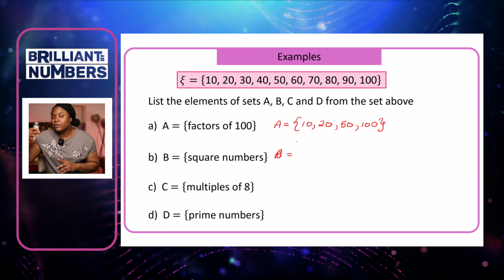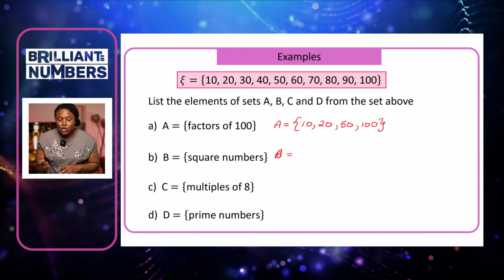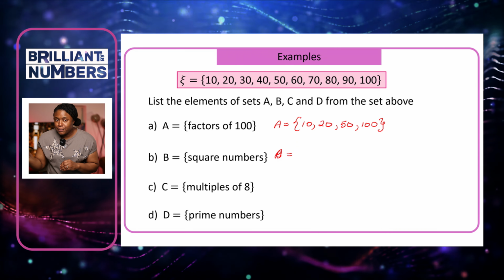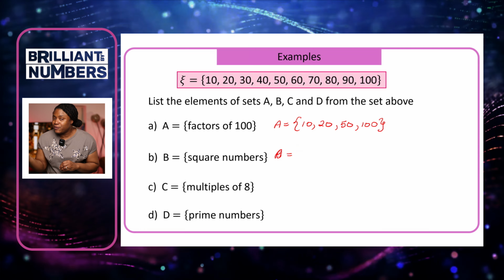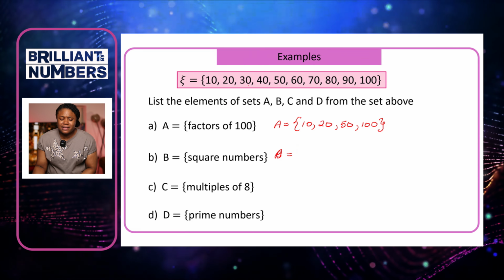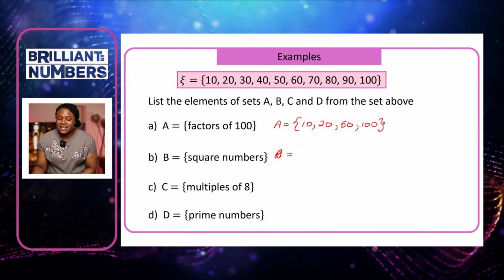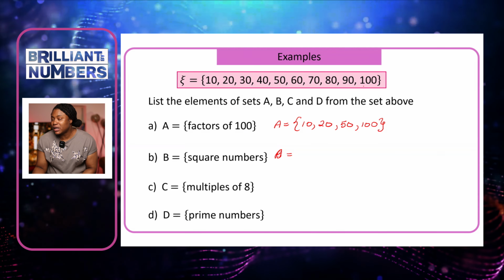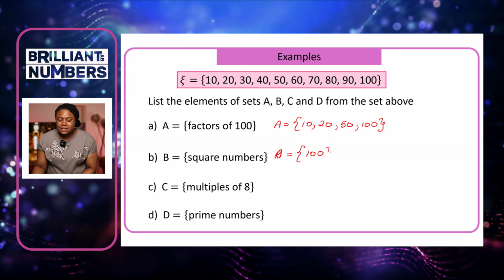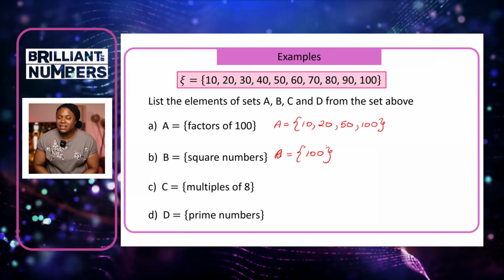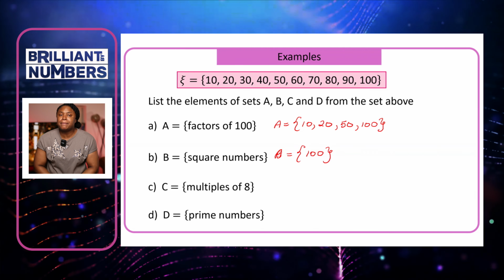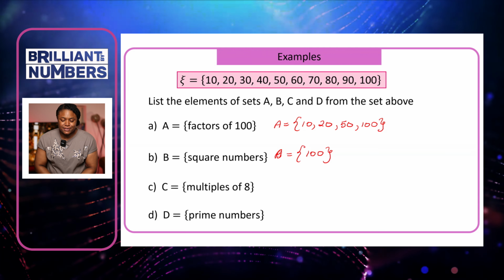The product or the result is a square number. So for example, 1 times 1 is 1, so 1 is a square number. 2 times 2 is 4, so 4 is a square number. Now if we look here, 10, 20, 30, 40, 50, 60, 70, 80, 90, 100. The only square number here is 100, since 10 times 10 gives us 100. So only one element or member of this set.